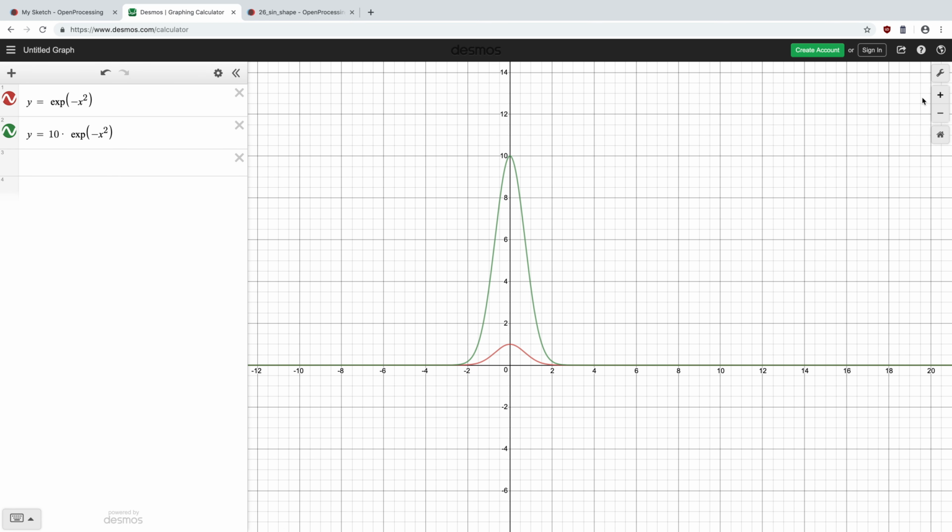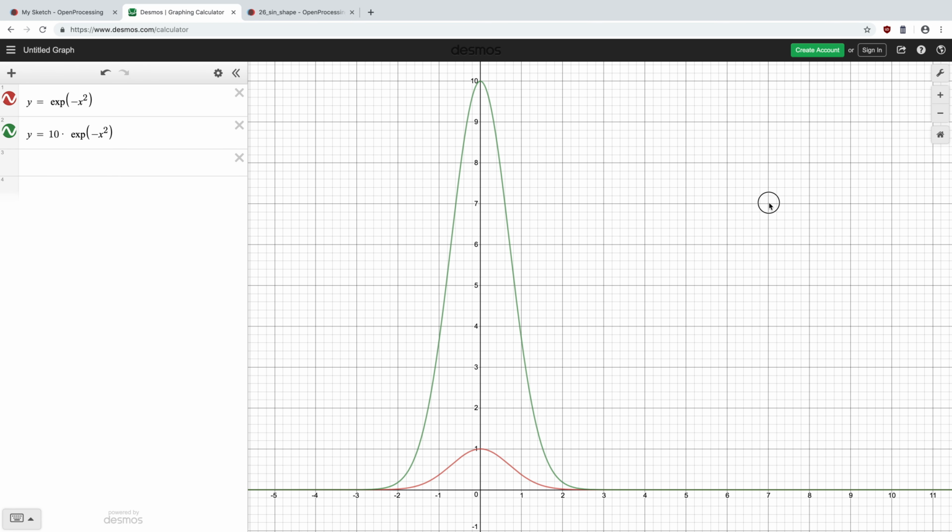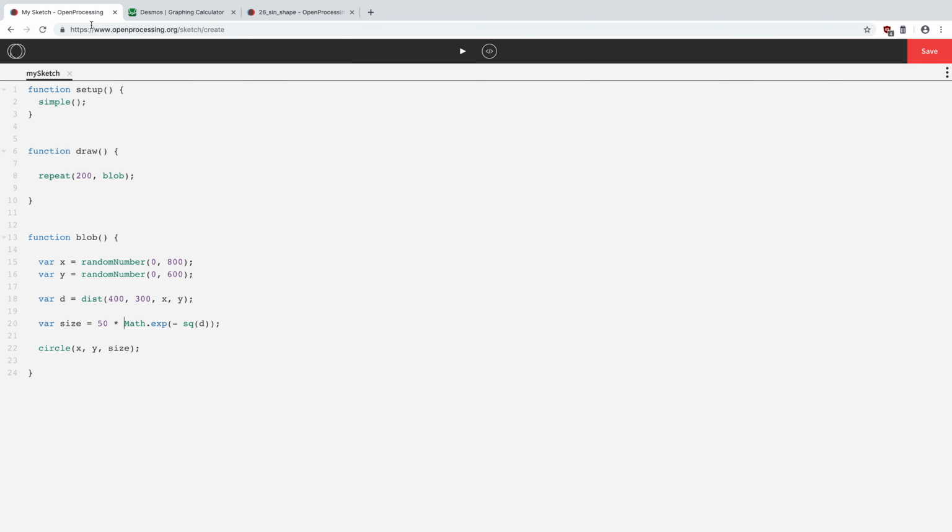Can you see, by multiplying it by 10, instead of going from 0 to 1, it's stretched upwards 0 to 10. That's how we make the shape of a function taller. We can make it shorter as well. Right, so we're multiplying it by 50. Let's see what effect that has.